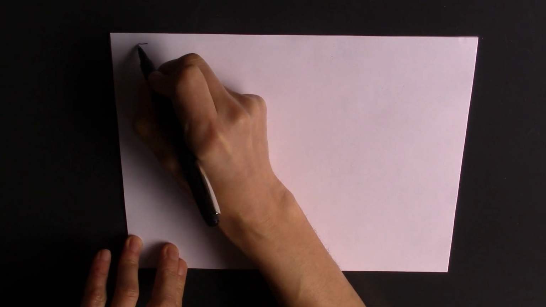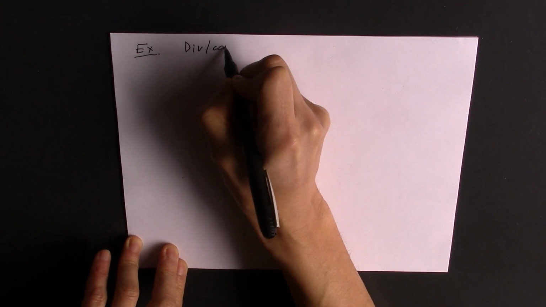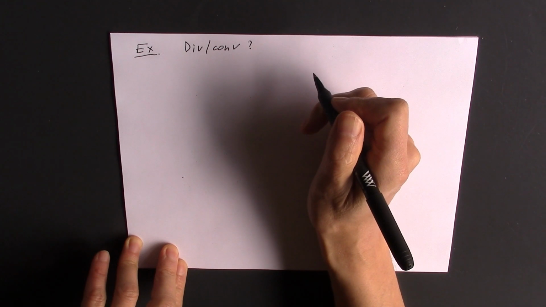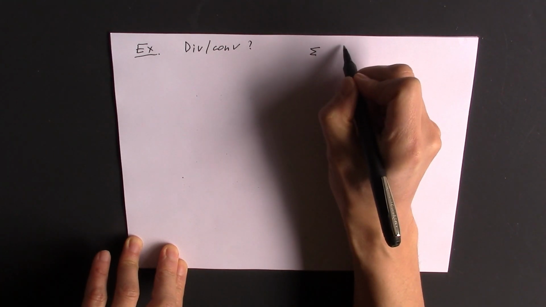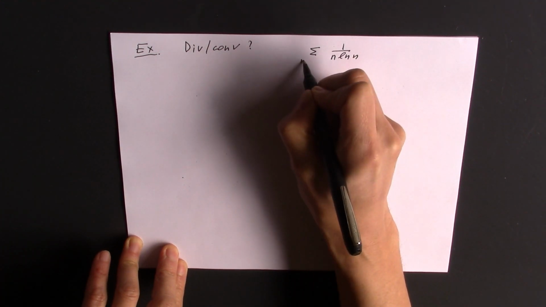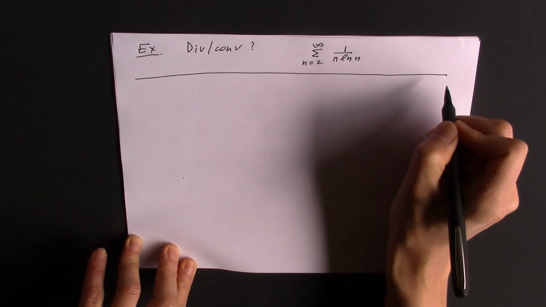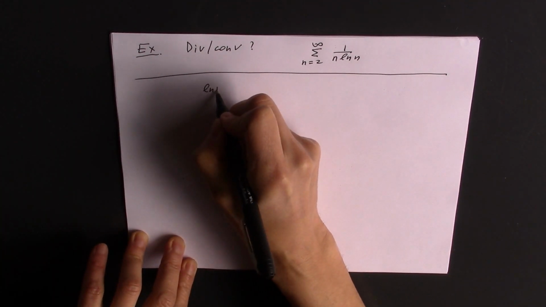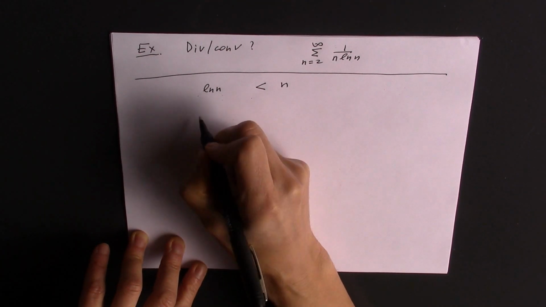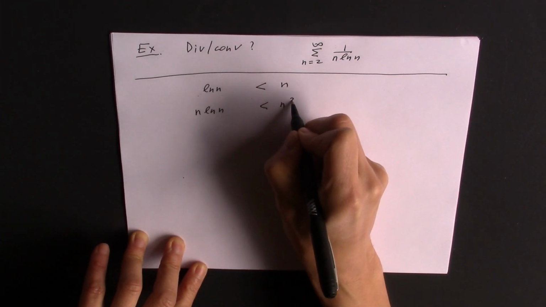One more example. Still concerned about whether a series converges or diverges, and we want to look at the series 1 over n ln n, n from 2 to infinity. ln of n is less than n, so n ln of n is less than n squared.